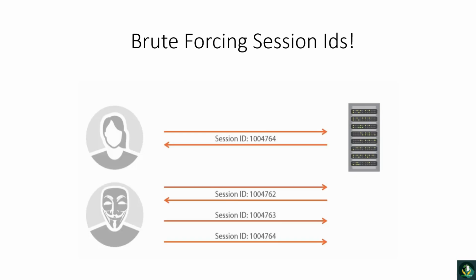A response comes back implying that no, it doesn't, as we saw in the browser, and the server gives us a different session ID because the first one wasn't valid. So the attacker enumerates to session ID 763 and asks the server, then 764, and it just keeps going until it gets a valid response.